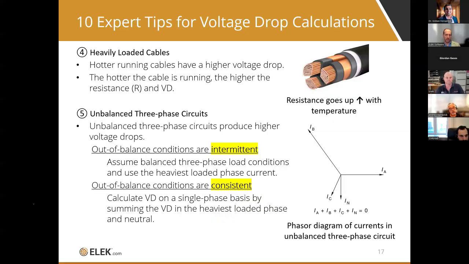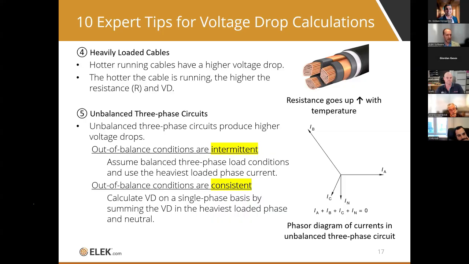Tip 5, unbalanced three-phase circuits. You need to deal with voltage drop in unbalanced three-phase circuits. If the unbalanced conditions are intermittent on the three-phase system, then you can simply use the load on the highest loaded phase of the three-phase system for your cable sizing.